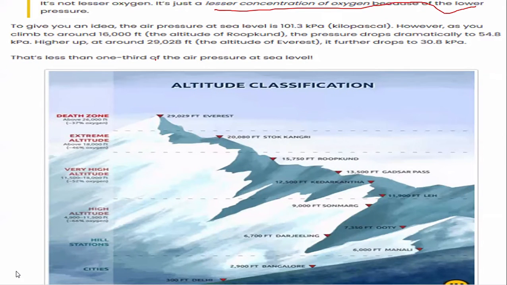It doesn't mean there's no more oxygen. There's less pressure as you go up. Therefore, as you go down to the sea, there's greater pressure, but as you go up, lesser pressure. So with lesser pressure, the oxygen molecules tend to be apart. That's why we tend to go into hypoxia.